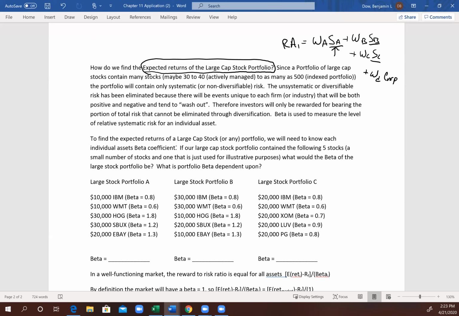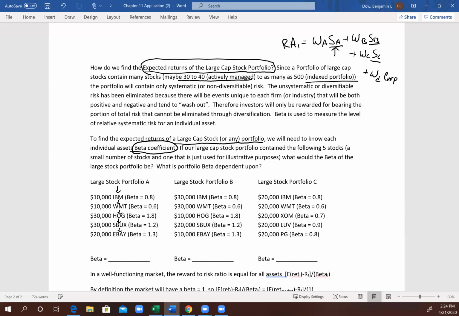So what we do know, since each portfolio of large cap stocks maybe contains 30 to 40 actively managed or some indexed portfolio, then what we have to do to figure out the expected return of the large cap stock portfolio or international or small cap is that we need to know the beta coefficient for each stock inside that portfolio.